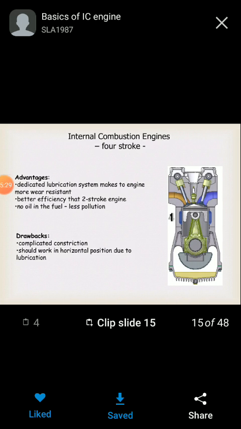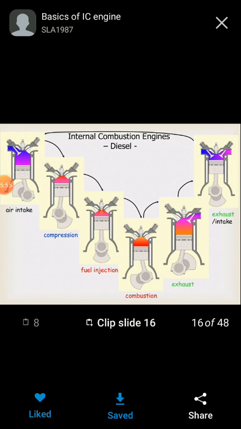Internal combustion engine for the 4-stroke cycle. Let us discuss the advantages and drawbacks. Advantages: the dedicated lubrication system makes the engine more wear resistant, and it has better efficiency than the 2-stroke engine. There is no oil in the fuel, so there is less pollution. Drawbacks: the complicated construction, and it should work in a horizontal position due to lubrication.